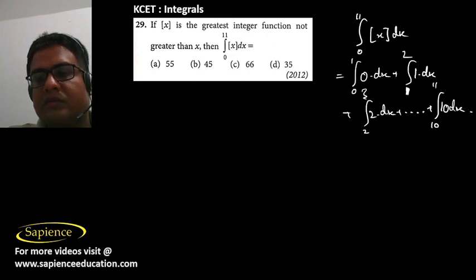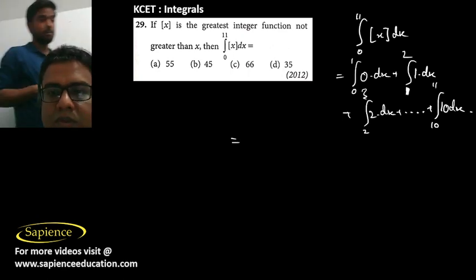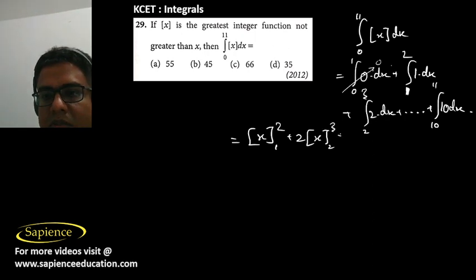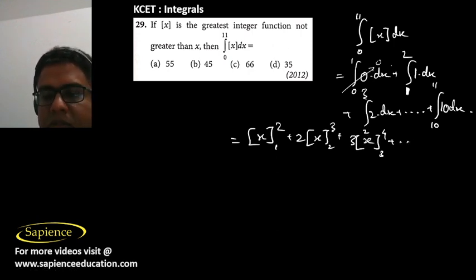So this will be 0 into dx, so this will become 0 only, then 1 into integral dx, which is x from 1 to 2, plus 2 into integral dx from 2 to 3, plus 3 into integral dx from 3 to 4, and at the end 10 into x from 10 to 11.